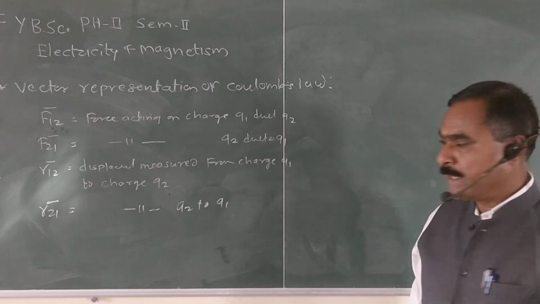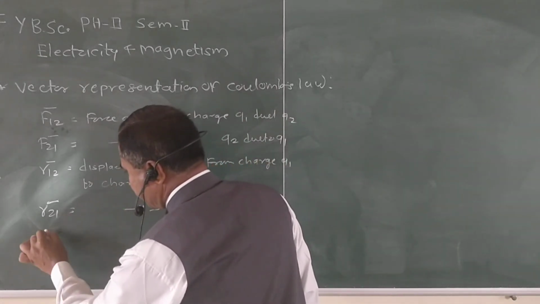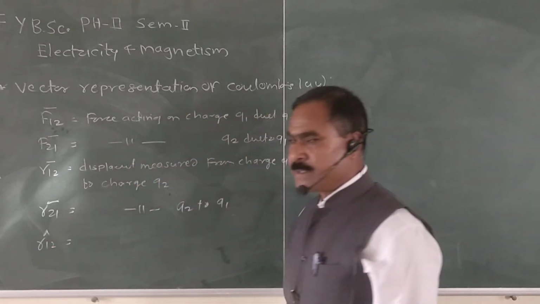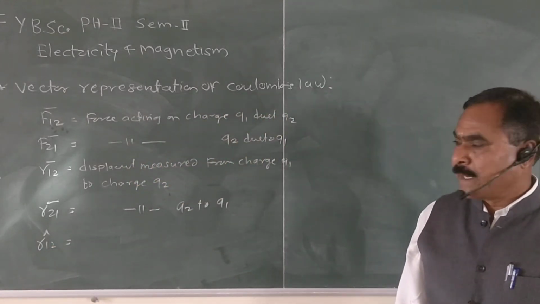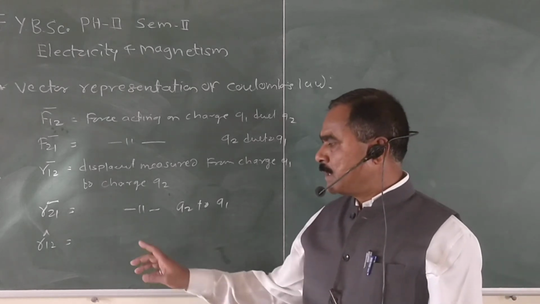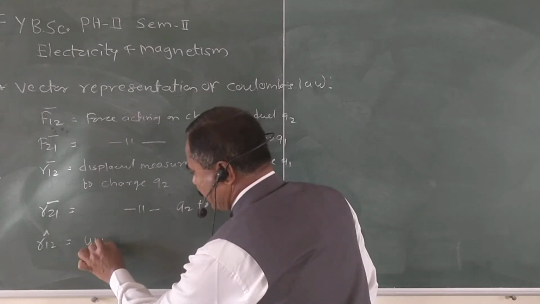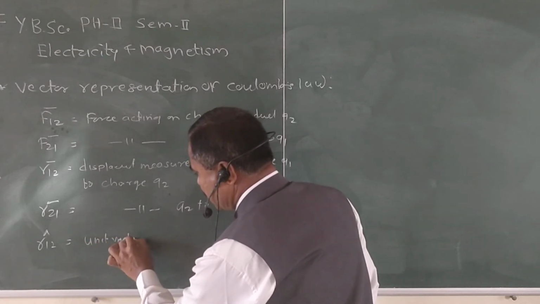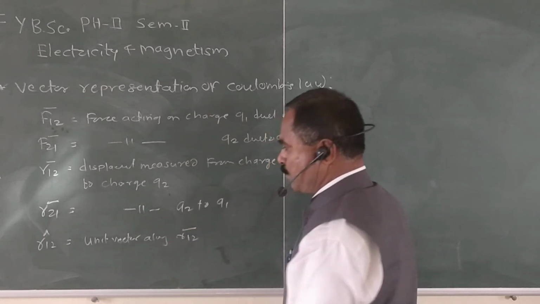Then the next notation is R12 cap. This R12 cap is called the unit vector and it is along the direction of R12 bar.